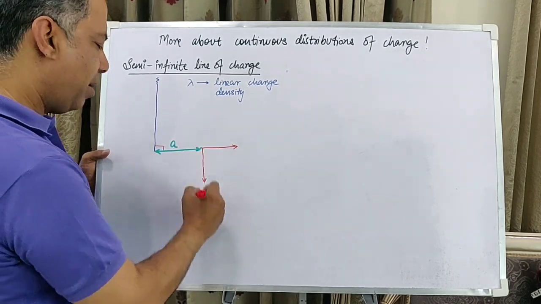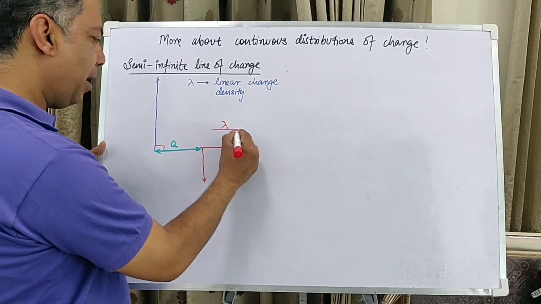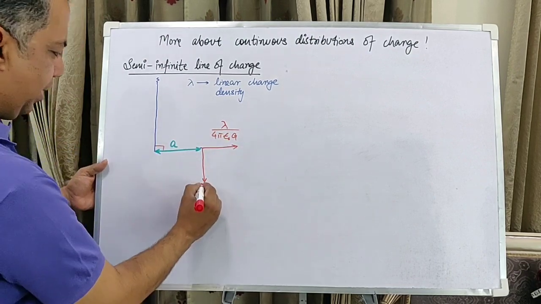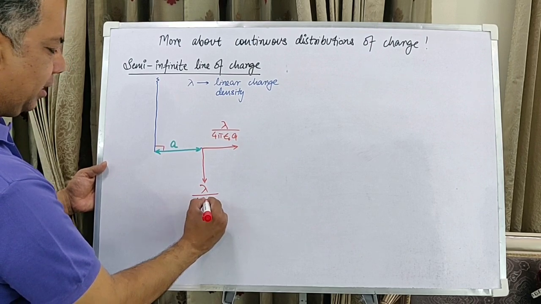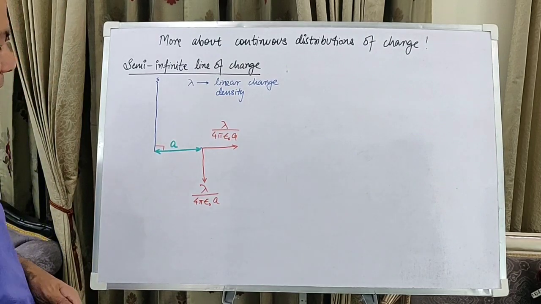Now, these two components are both equal and have a magnitude lambda by 4 pi epsilon naught A. So they both have the same magnitude.